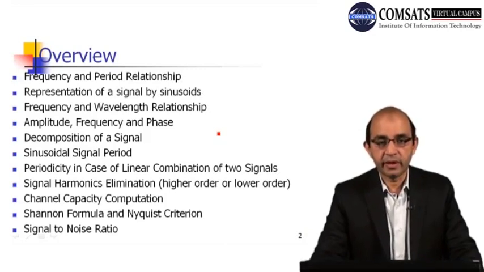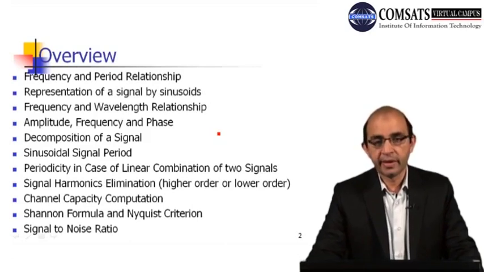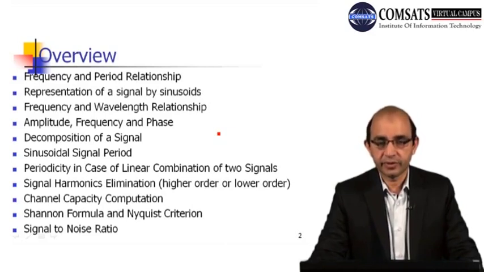And then we also have a very renowned relationship between frequency and wavelength, so we will be solving some of the questions by using that relationship. And then when we represent a signal with the help of different sinusoids, those sinusoids actually have different frequencies, different wavelengths and different phases.